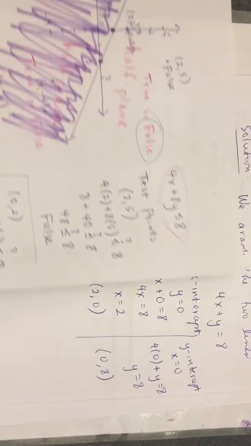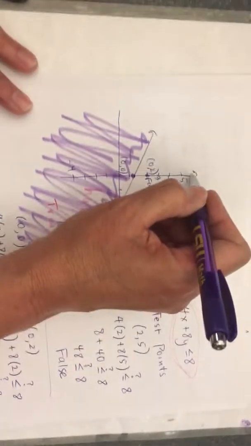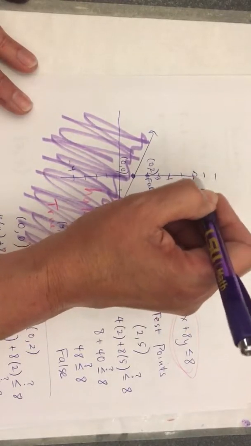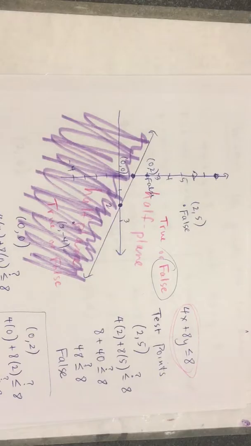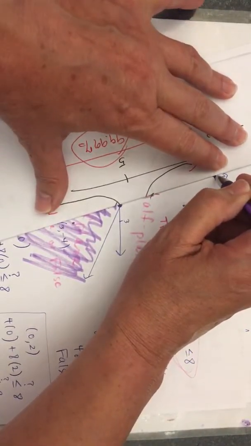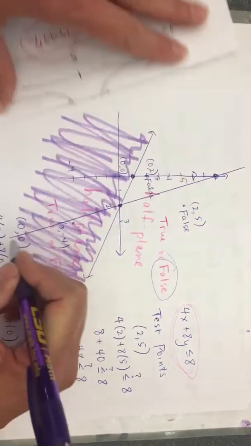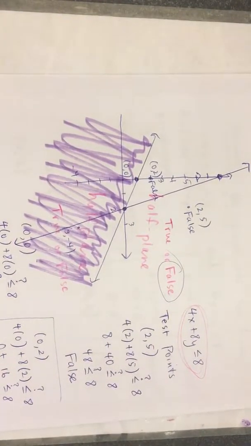Let's plot those 2 points on my paper. Here's my 2 and then 8: 6, 7, 8. Let me extend that line a little bit. Here's the second line. I do have to pick a test point.